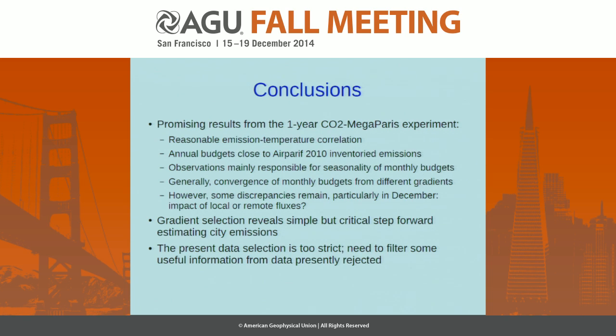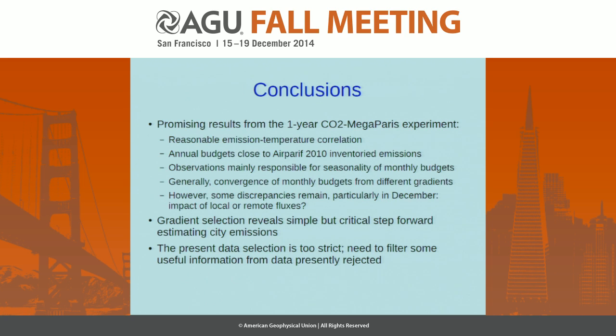Gradient selection, so assimilating concentration gradients between upwind and downwind sides and controlling the budgets which are concentrated between the two sets, is a very simple approach, but a critical step forward in estimating city emissions, at least for our case in Paris with a nice terrain.